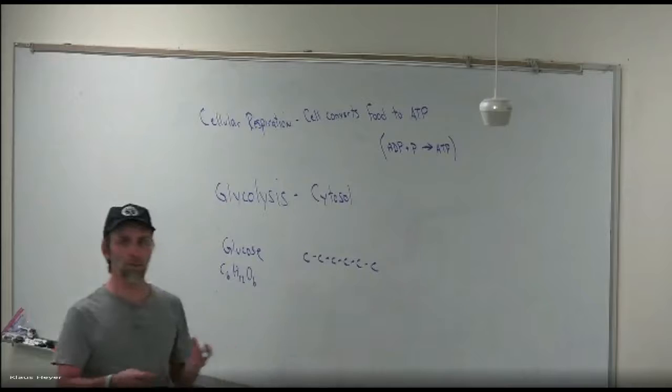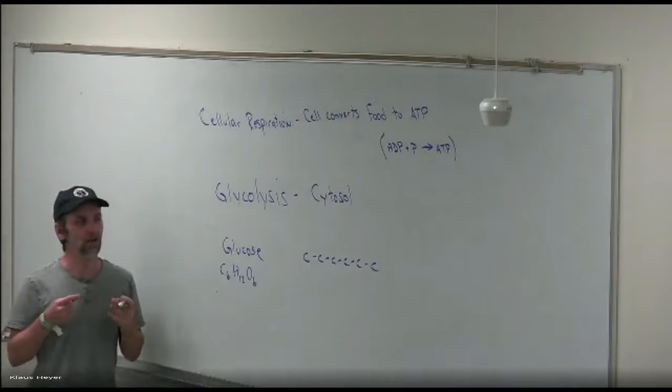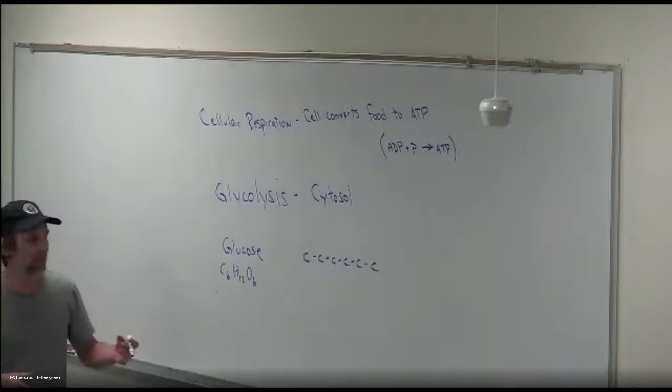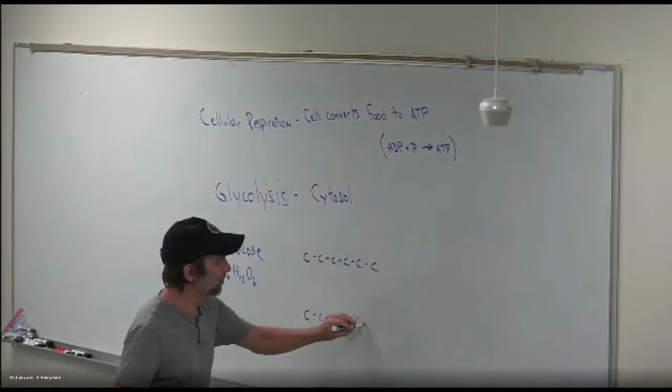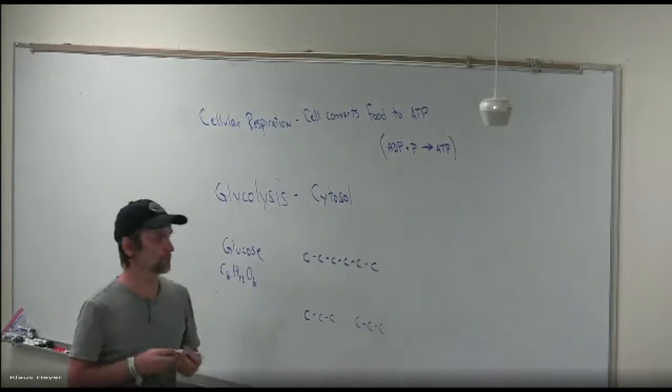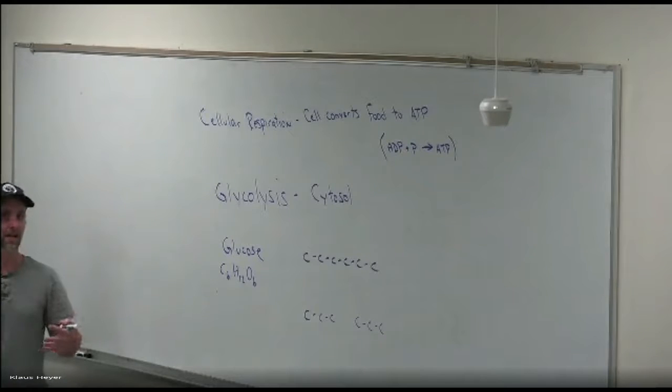So it's a 6-carbon molecule, that's what's going in. Ultimately, at the end of glycolysis, we want to break this up into 2 3-carbon molecules. So we're essentially breaking it in half.